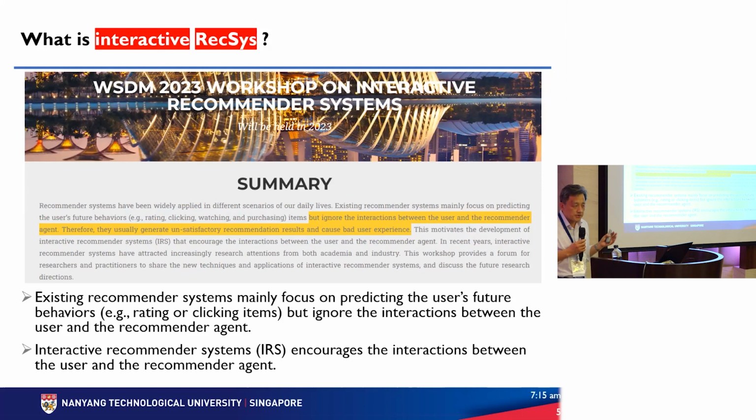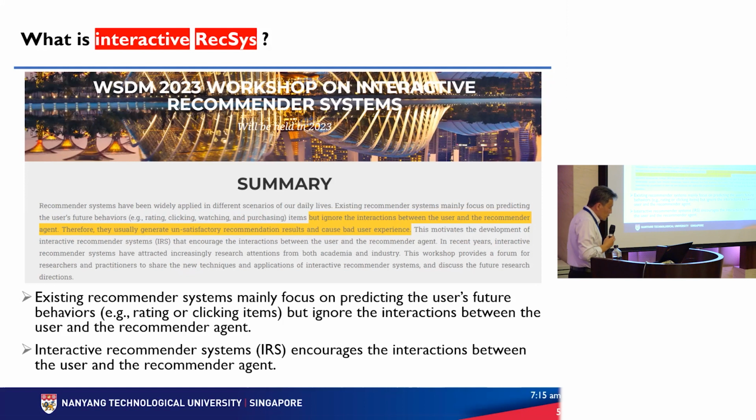So interactive recommender systems encourage interactions between users and recommender agents, and hopefully we can provide better recommendations through understanding the interactions. Let's say the user starts scrolling, that means the top few items are not of interest. If the user stops, then probably he is examining the possible items in detail. So that's a kind of interaction.